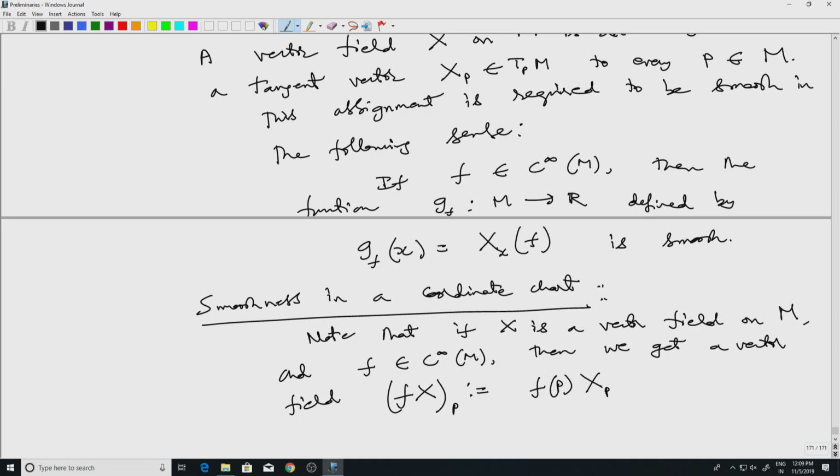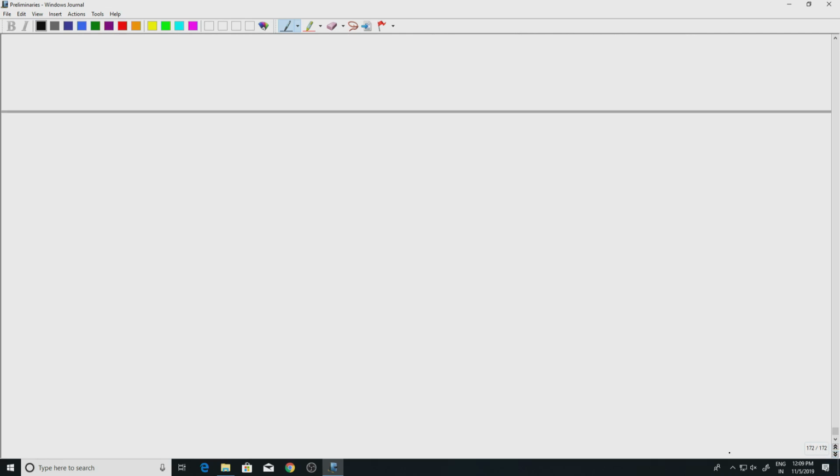Then we get a vector field, and it's clear that this new fX is also smooth, in the sense that we had defined earlier.